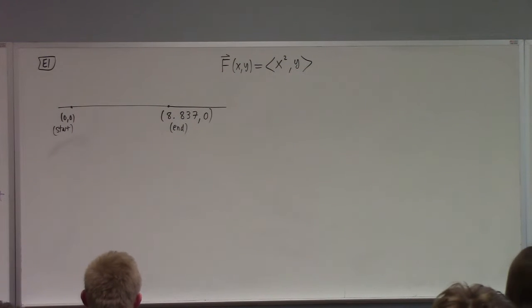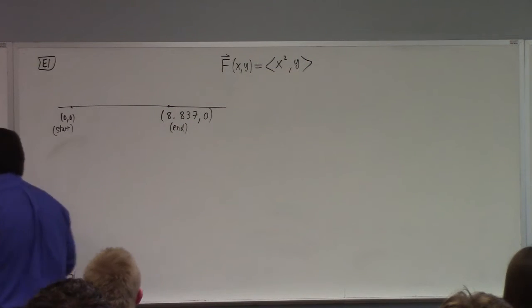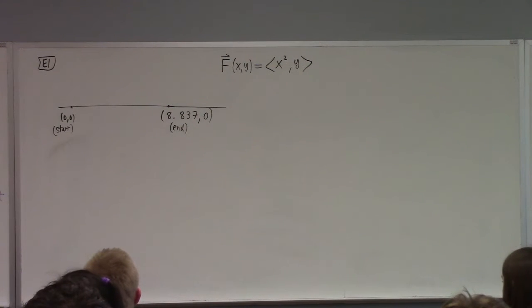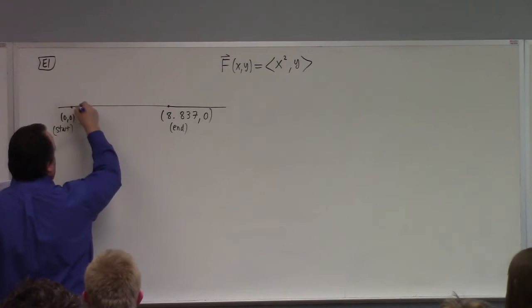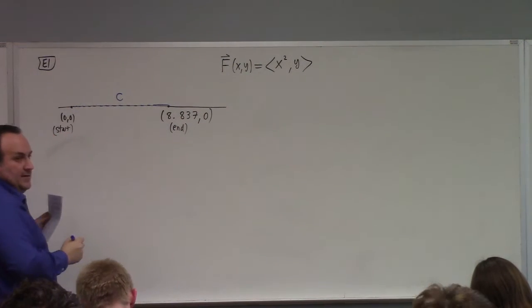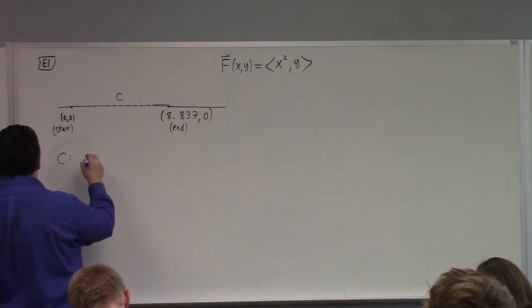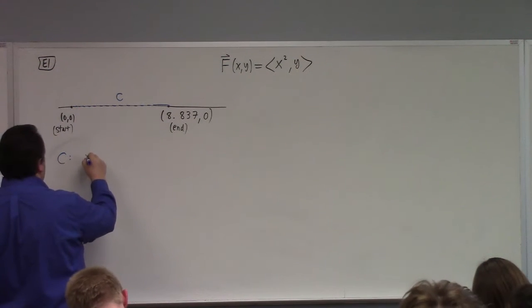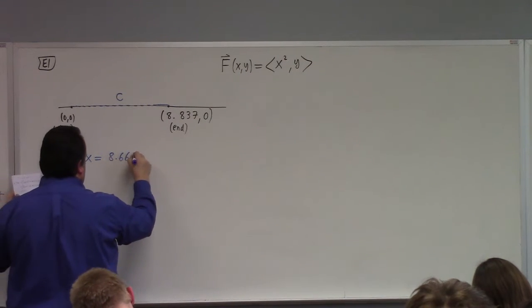So curve number one, let us look at, I know this is going to be an odd choice of parameterization, but here it is. We're just going to look at the line that goes from here to here. That's my curve. And the curve I'm going to first parameterize by x equals 8.66t.